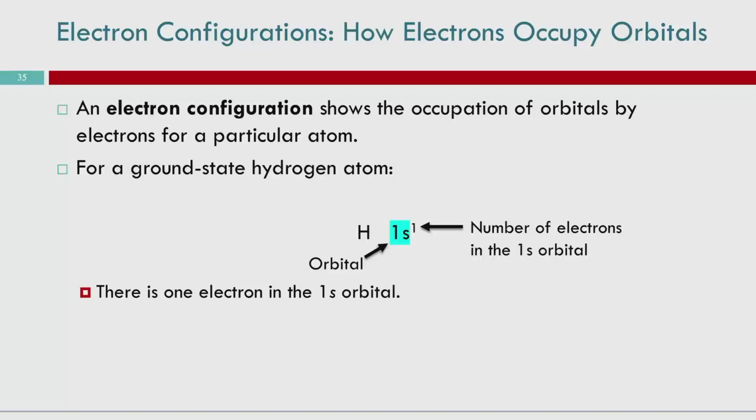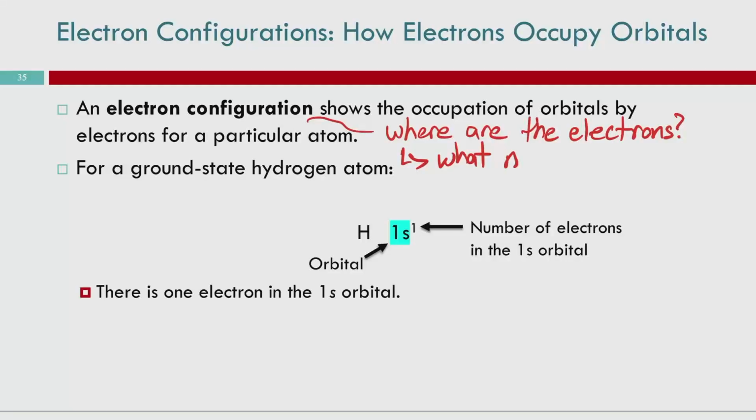So we are going to use these number-letter pairs to write out electron configurations. An electron configuration is just where are the electrons? What shapes are they in?